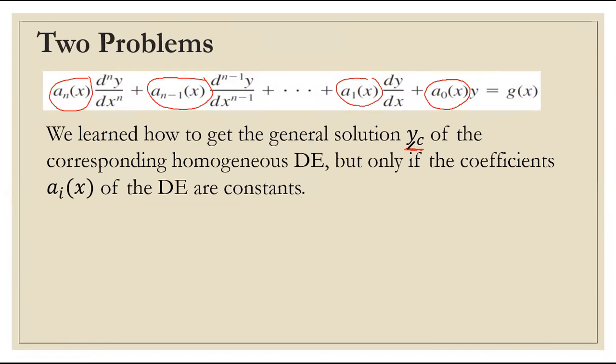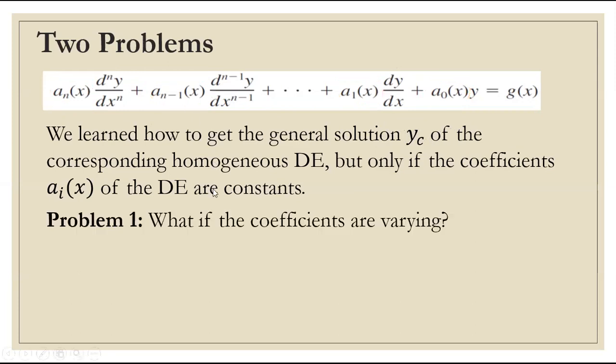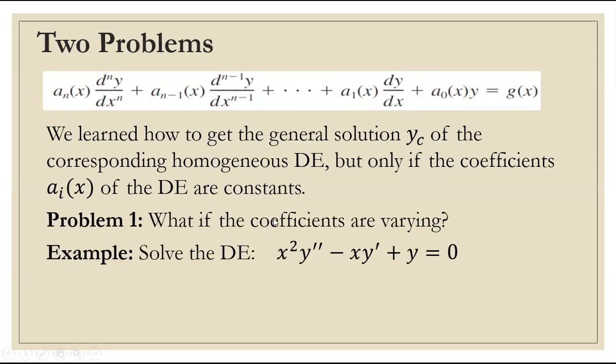If you remember, we found the complementary solution using the auxiliary equation technique. But if those aren't constants but functions, you can't use this. So I can't find yc. That is the first problem, if the coefficients aren't constant.